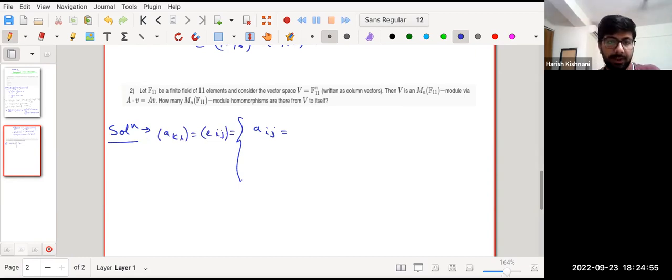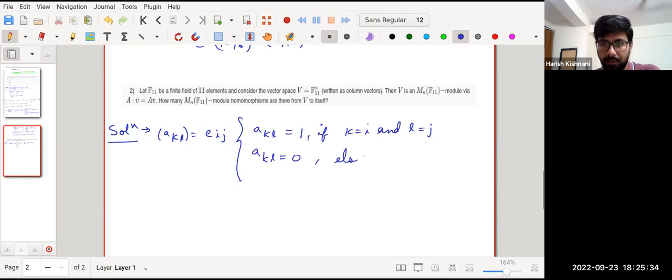So let's say the matrix is your AKL, okay, and Eij is the name for that matrix. So what you have: first of all, let me write AKL is equal to 1 if you have K equal to i and L equal to j, and AKL is 0 elsewhere.